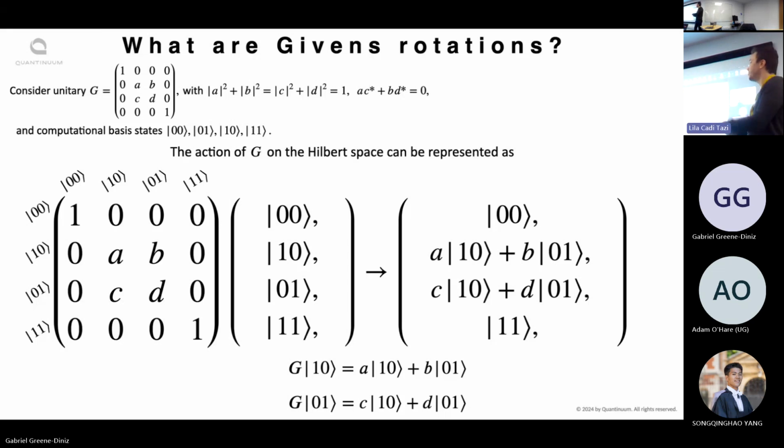But the basis states it's going to mix is a function of what the user gave it in the beginning. It might be more clear in the next slide when I actually do an example. But you'll see that it won't actually mix in any other basis states other than the ones you select. So if the ones you select are spin conserving, the whole circuit will be spin conserving in the end.